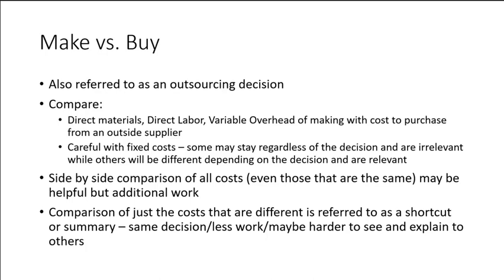You should come to the same conclusion regardless, depending on which one you prefer to use. You're going to add up the direct materials and direct labor that would go into making those pants, plus variable overhead, the additional electricity and additional supplies that you need to make the pants. That is going to be added up and compared to the cost of buying it from the outside supplier.